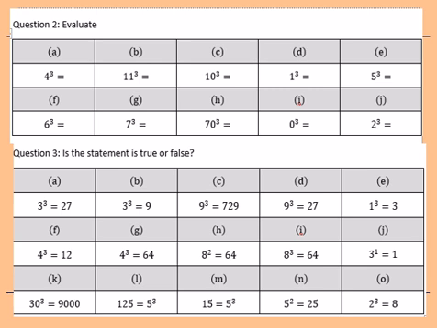Question 3, again, you'll be saying if the statement is true or false. So look at question 3A, it says 3 to the power of 3 equals 27. Is that true or false? You're going to tell me. Write in your books, please, and pause the video here for 15 or more minutes if needed to work through all of those questions.